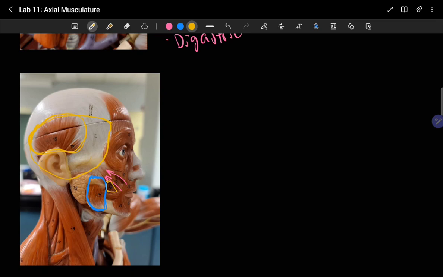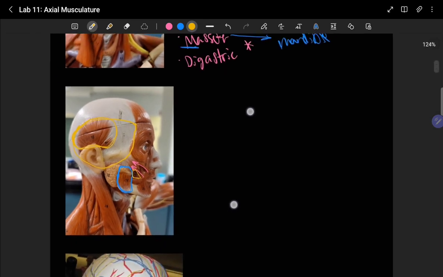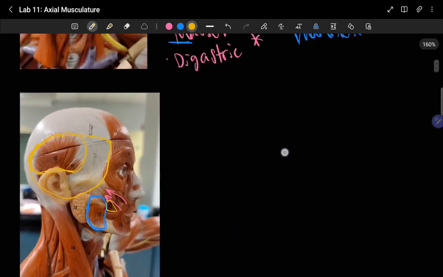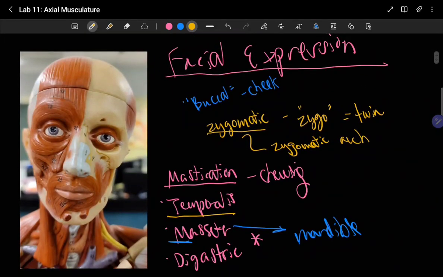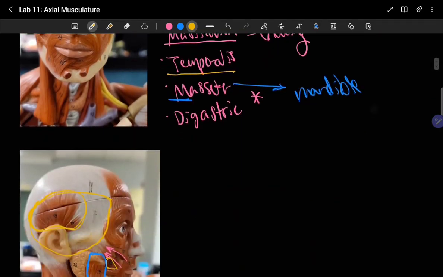Okay, there are a couple more muscles. I'm going to mention them. I'm not going to bother to point them out on the model because they're just too deep for us to see. But we have two paired muscles called the medial pterygoid and lateral pterygoids. So these guys are associated with chewing. Their spelling is tricky.